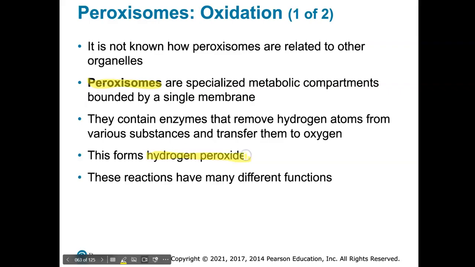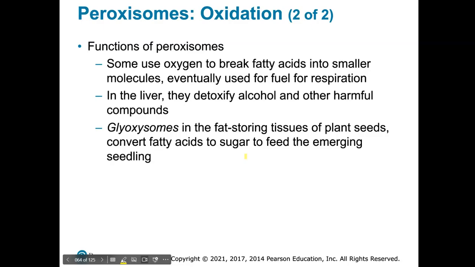And hydrogen peroxide is toxic to our cells. So peroxisomes also have their own special enzyme that will break down the hydrogen peroxide so that it won't build up and become toxic. So peroxisomes break down fatty acids. It says it right here.